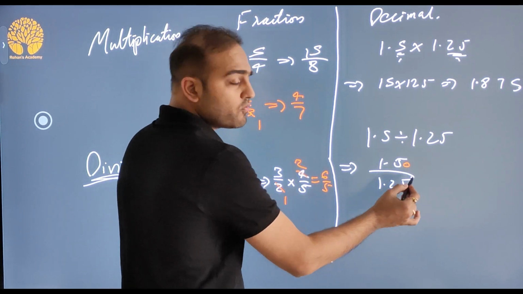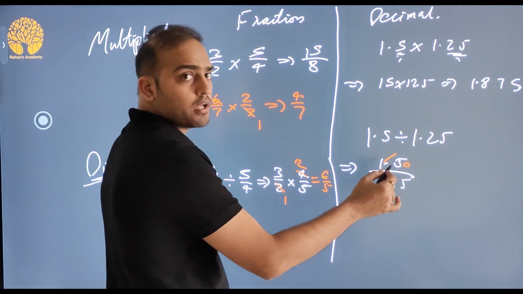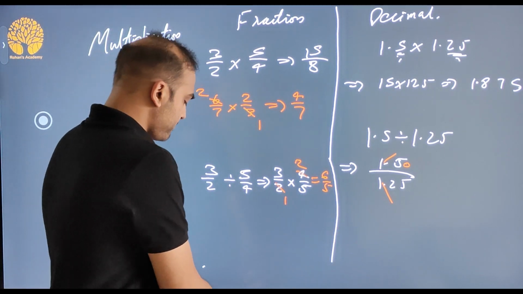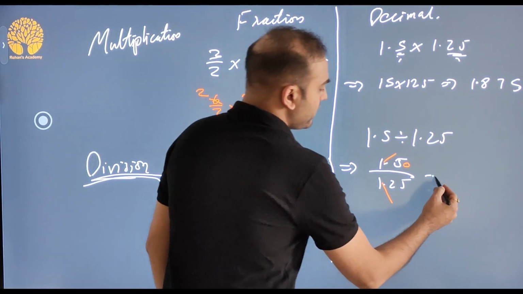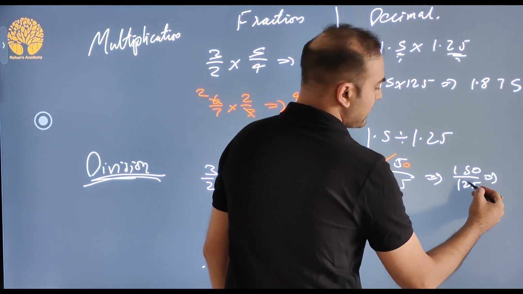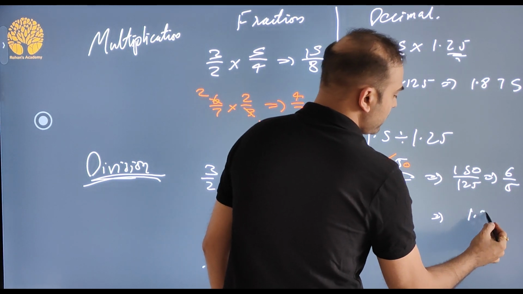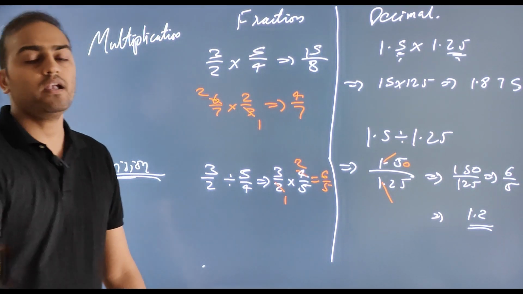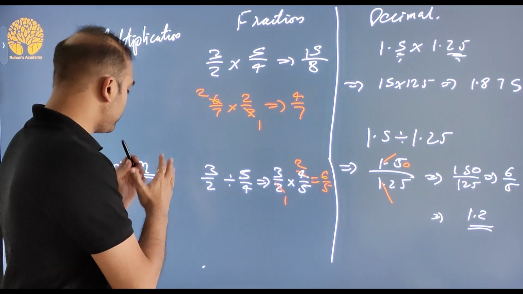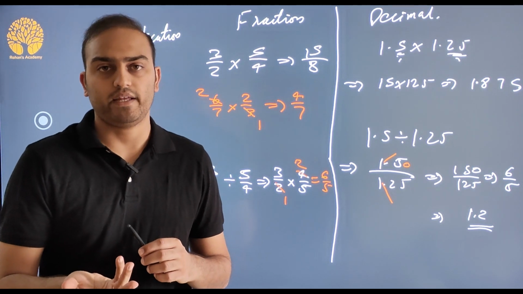So it's 1.50, 1.25. The number of decimals are same. I can remove the sign. Essentially what I'm doing is I'm just multiplying by 100 and dividing by 100. So this then becomes 150 by 125, cancel and simplify, which is 6 by 5. Now 6 by 5 you can divide, you will get 1.2. So the point being that for division, remember you have to flip the denominator and multiply.